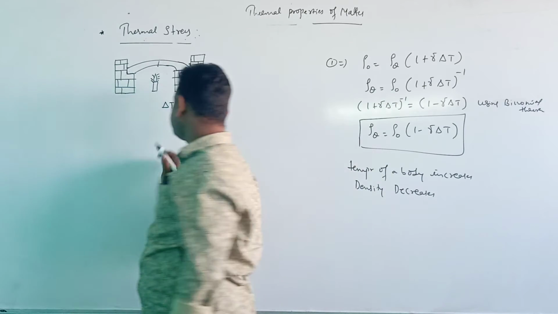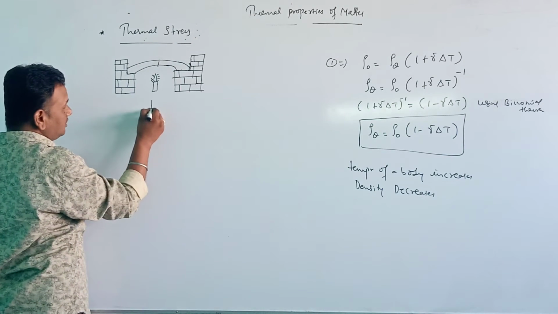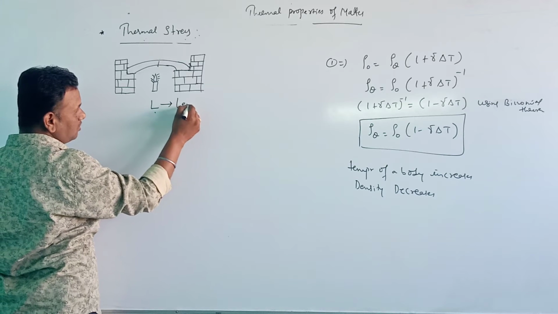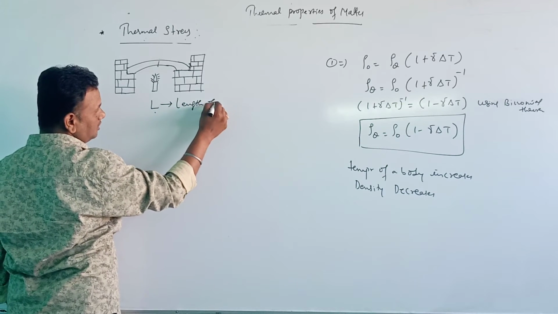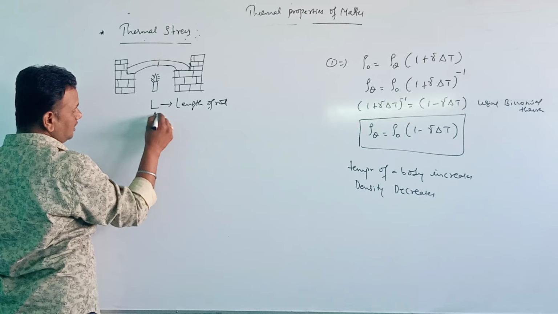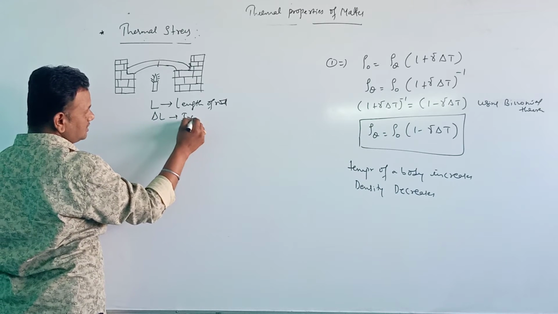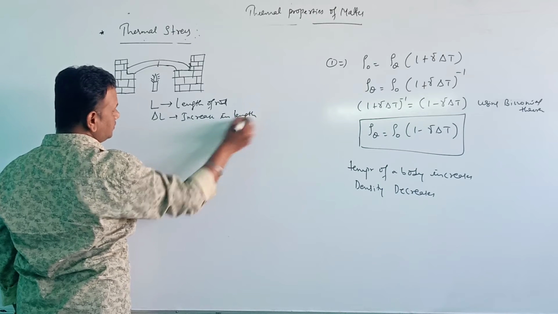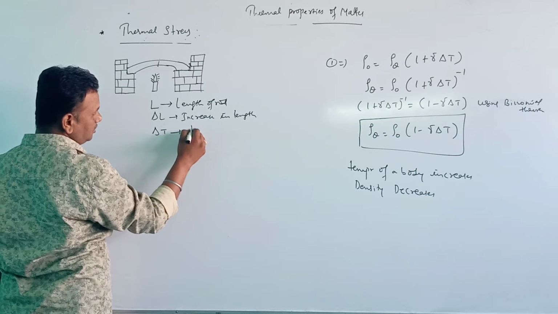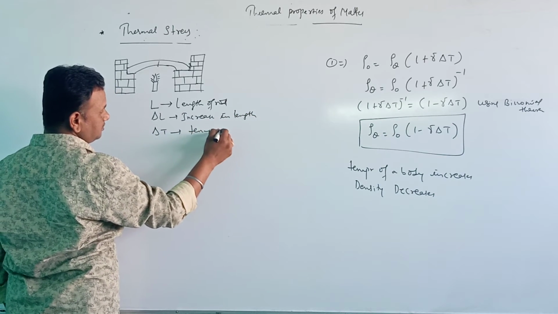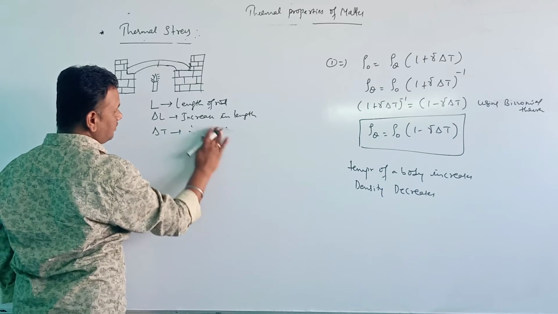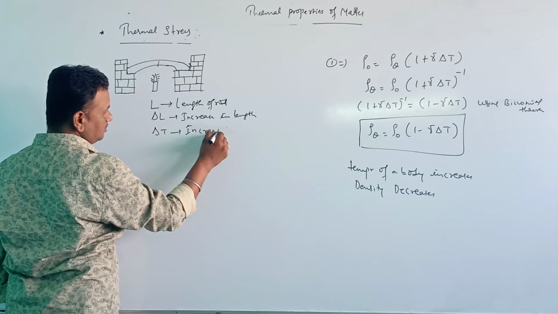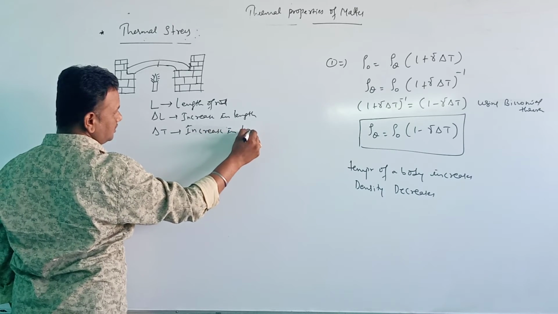Now we know that the initial length is L here. Length of rod is L, delta L is the increase in length, and delta T is the increase in temperature.